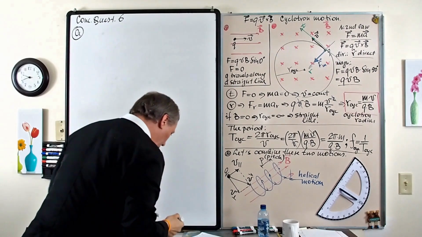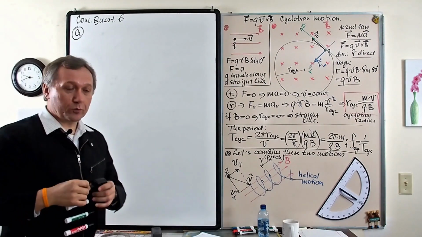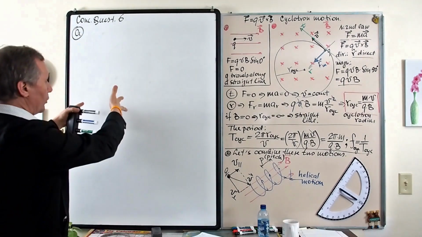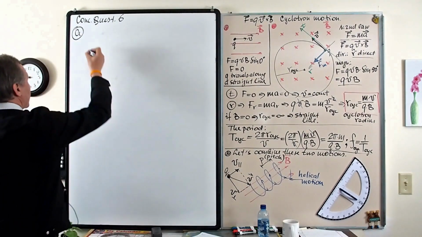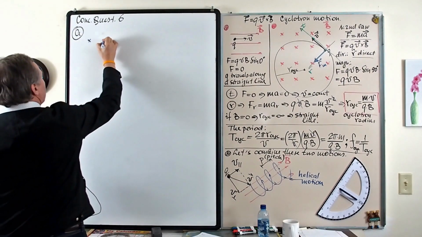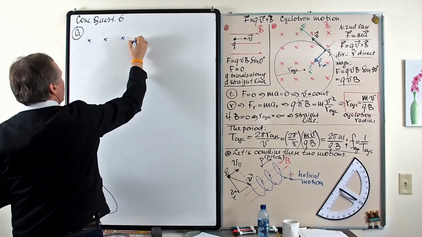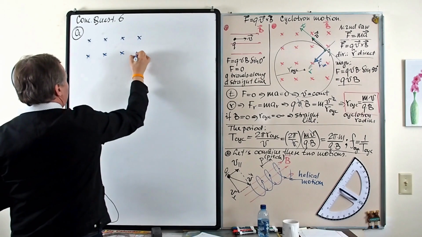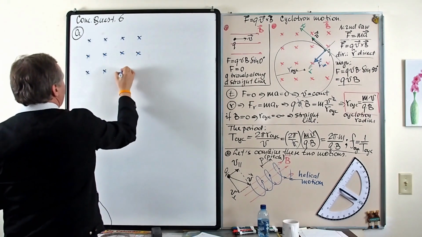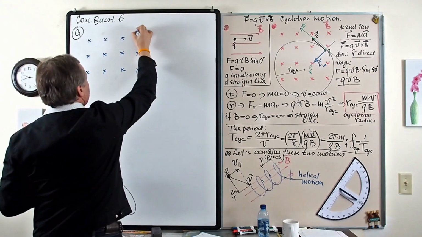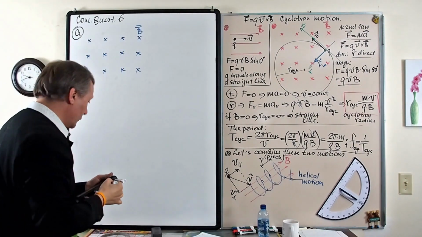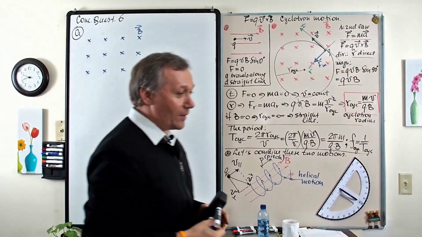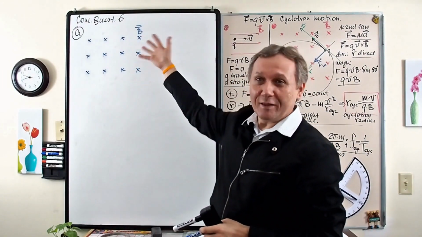Part A. Let's assume that we have a uniform magnetic field into the board. So it means that I can use crosses to show this magnetic field. Again, we are going to assume that this is a uniform magnetic field B. I tried to draw these crosses with equal density.